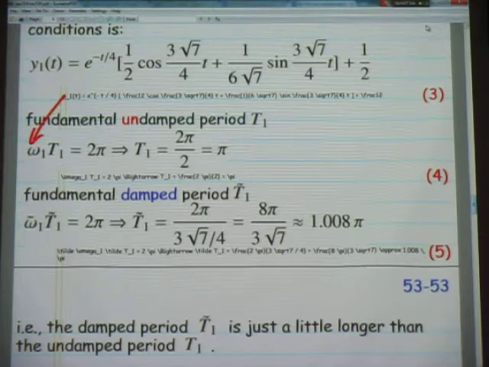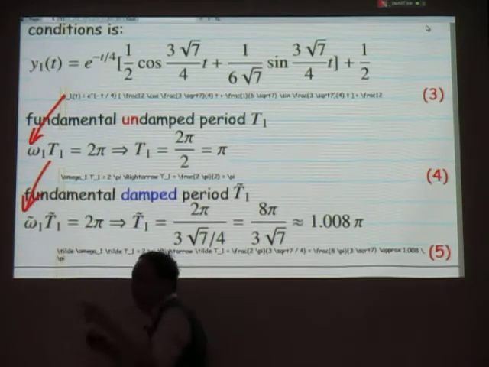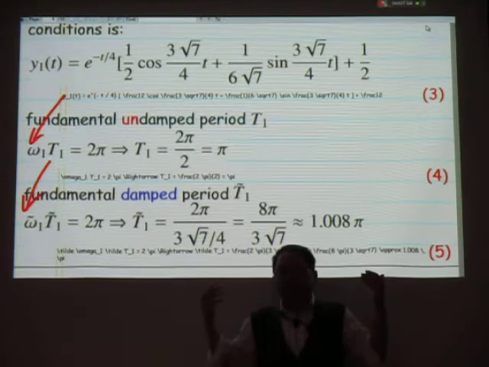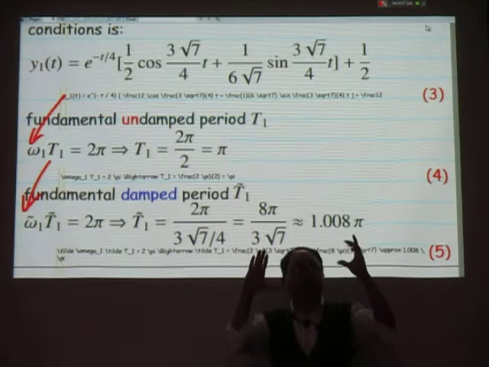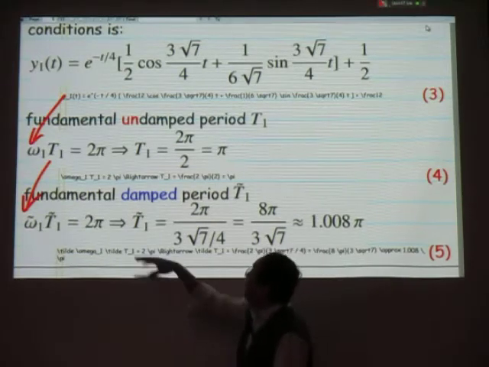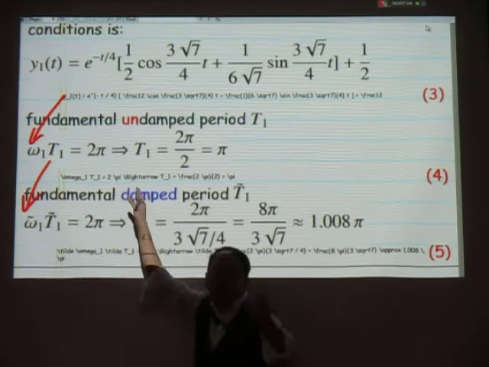So omega 1 is the undamped circular frequency, and omega 1 tilde is the damped circular frequency. And this is the relation that I have already explained to you how to remember in a very easy way. Remember the circle and the radial direction that is rotating. So I have already derived this, and capital T1 is really the period.